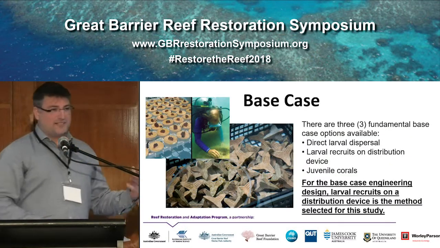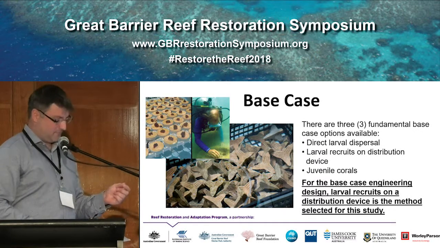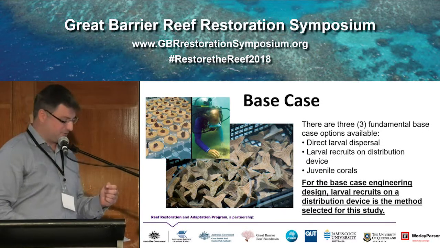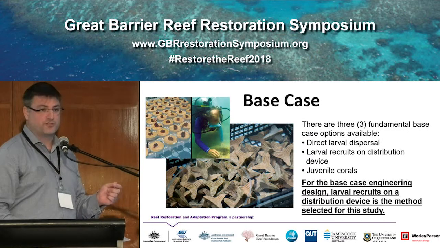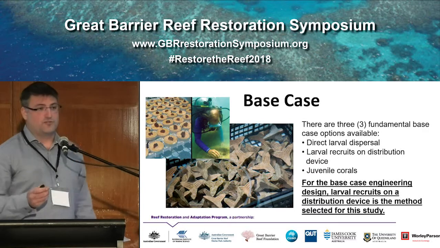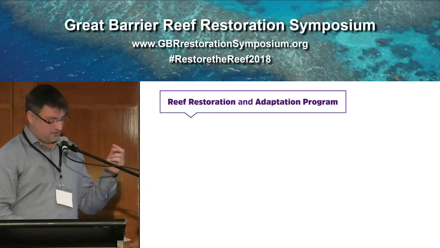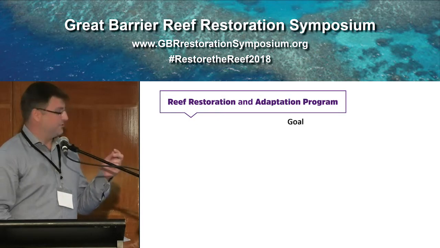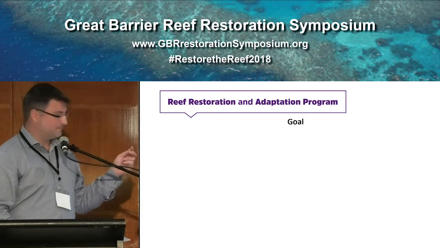So in our base case, there were three fundamental mechanisms we could deliver these to the reef. One was by direct larval dispersal, one was larval recruits on distribution devices, and the other form was juvenile corals. Our study looked at larval recruits on distribution devices, similar to the Secor devices you can see in the photo there.